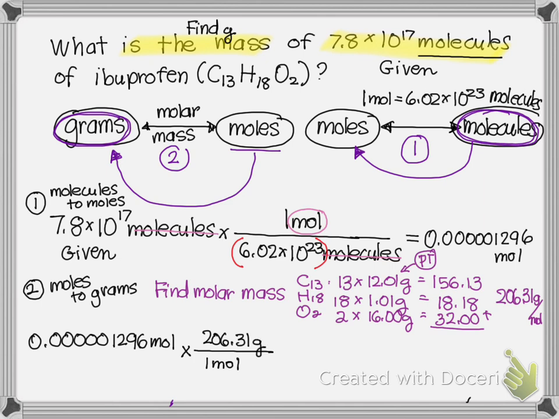And I want the mole to be in the denominator, so this one cancels with that one. So I'm taking the 0.00000000012345 moles and multiplying it by 206.31. And I still get a small number, 0.0000267378 grams. That's not very many grams.